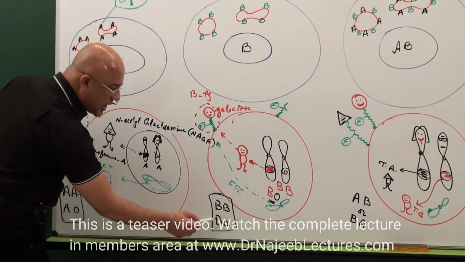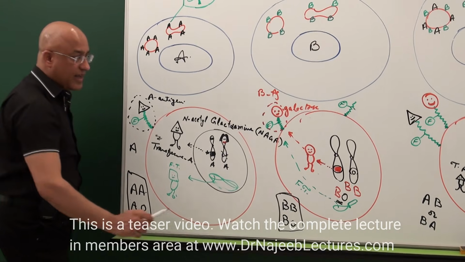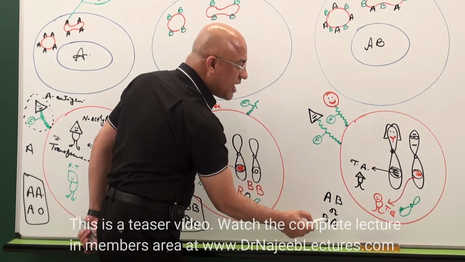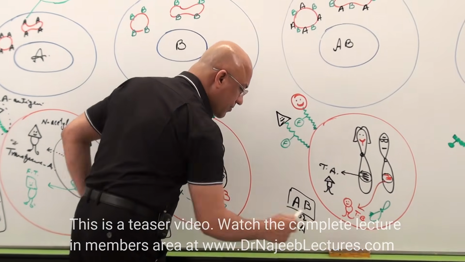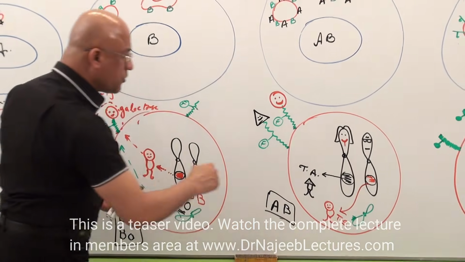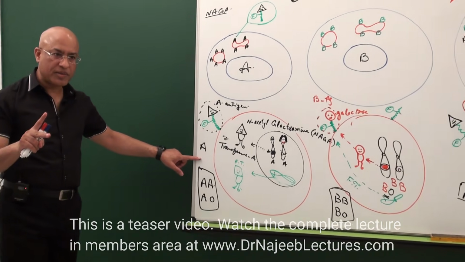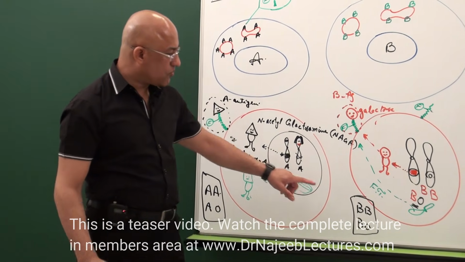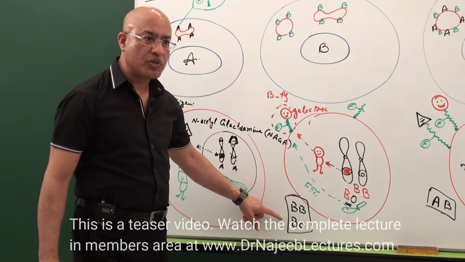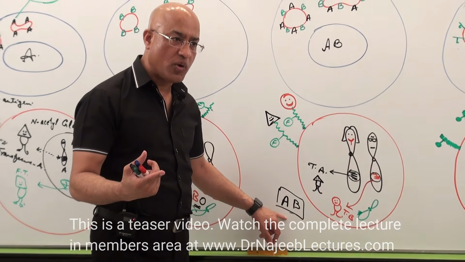So here is BB and BO, here is AA and AO, here is AB and then AB. So there is only one type. You understand it? So how many underlying genotypes have we learned? For blood group A, we have 2 genotypes. For blood group B, we have 2 possible combinations. For blood group AB, we have only one genotype.